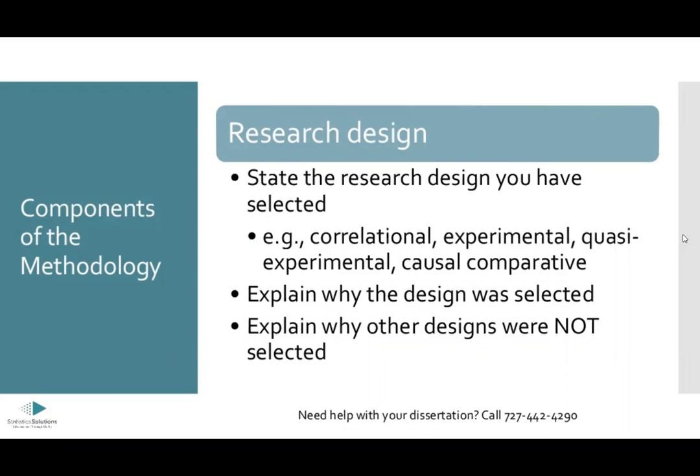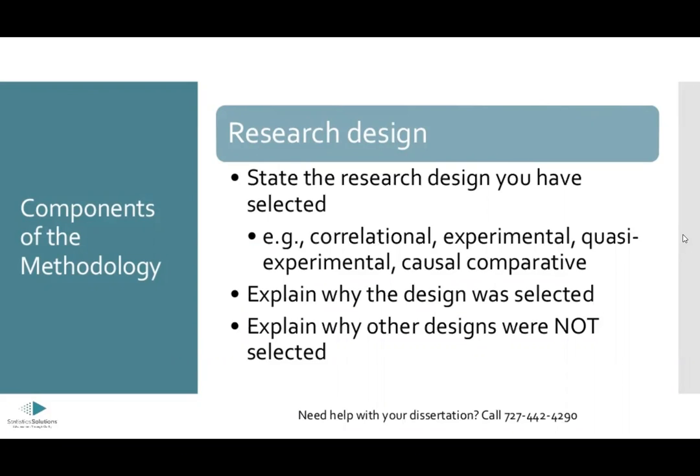Now, when you're selecting this research design, you always want to make sure that it is in line with the purpose, problem, and the research questions for your study. So each design is going to do something different. You may be looking at relationships between two variables. You may be actually assigning participants to independent or dependent groups or controls.